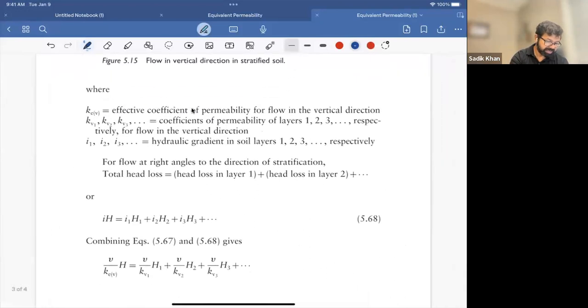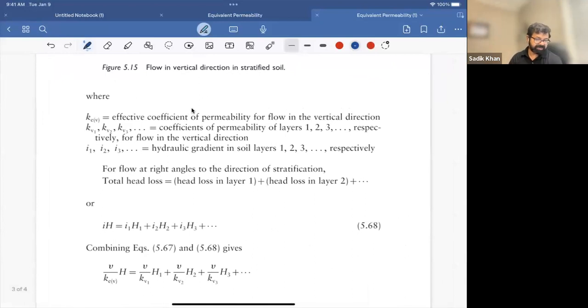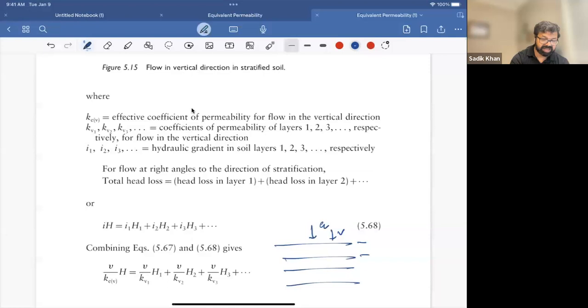If we take the IH, what is the IH? This is the total head loss. Let's say we have layers 1, 2, 3. Q is constant, so V is constant, but between each layer they have a drop.